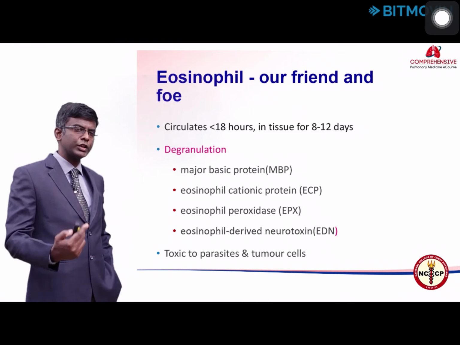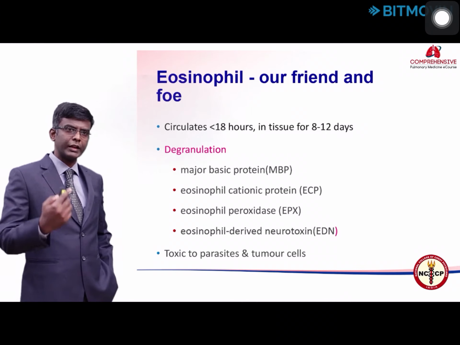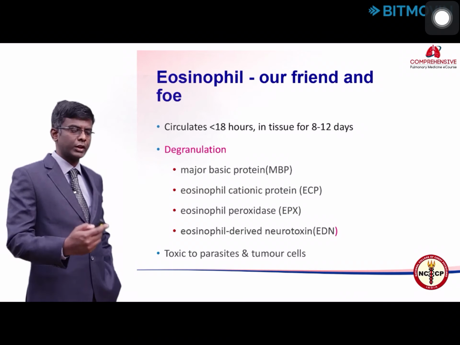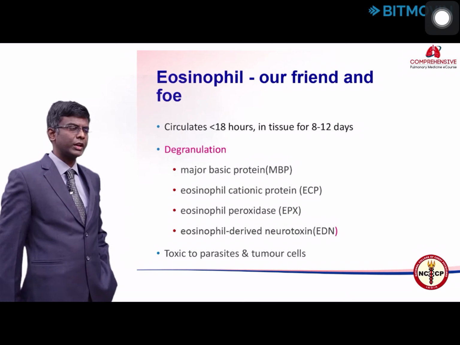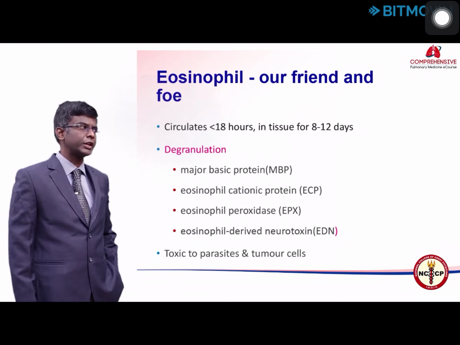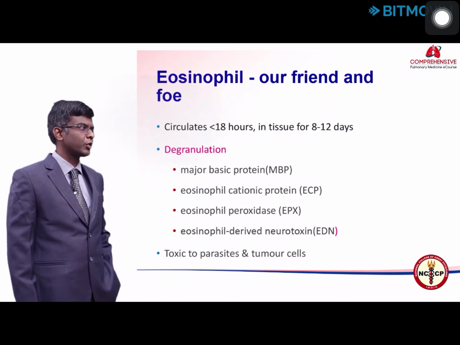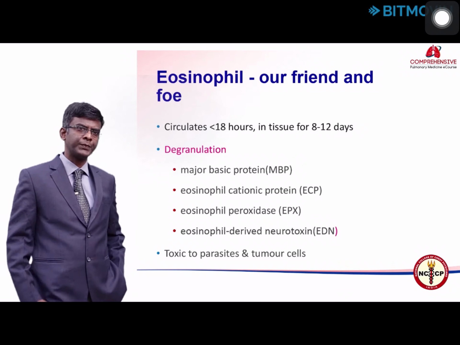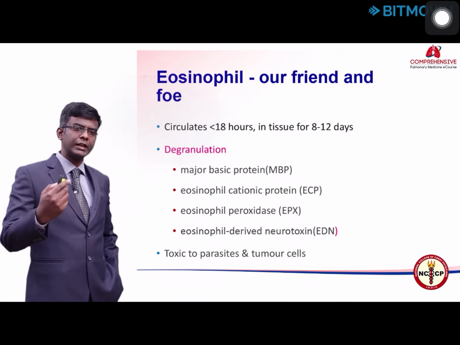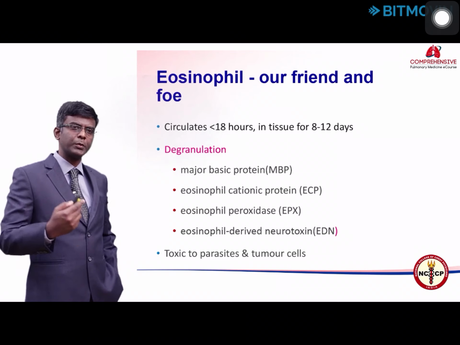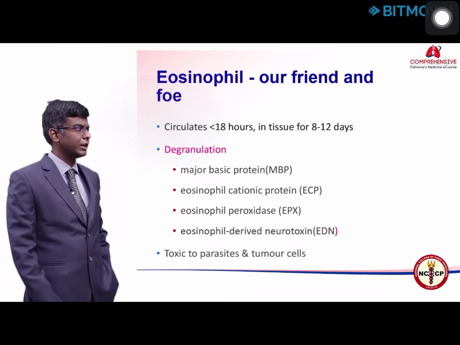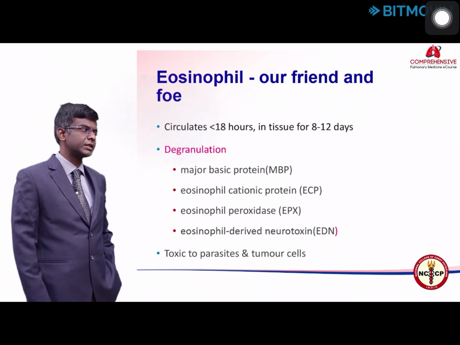In the cytoplasm of the eosinophil, there are granules, and these granules have cytokines. Some of the important cytokines are major basic protein, eosinophil cationic protein, eosinophil peroxidase, and eosinophil derived neurotoxin. And when stimulated, these granules are released by a process called degranulation, and these cytokines are toxic to parasites and tumor cells.